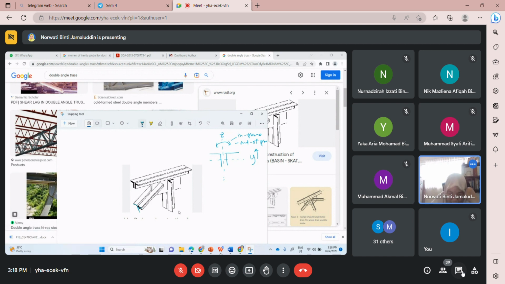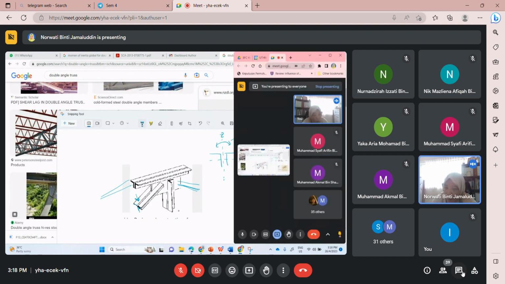Of course we have few more members here. Who can tell me? I'm referring to this double angle. Z in plane or out of plane? In plane or out of plane?